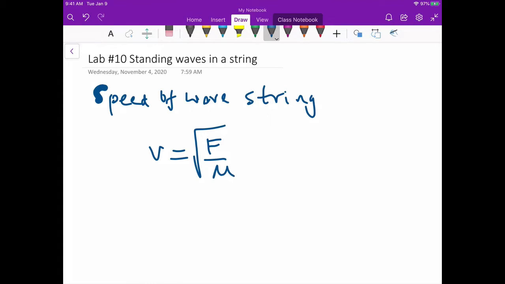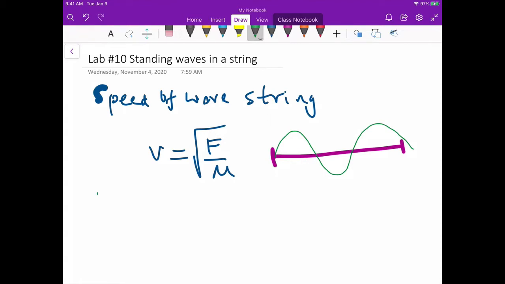The speed of a wave depends on, let's assume you have a string like this and you're tightening it, and the speed at which the wave travels in this string depends on the amount of tightness in the string.